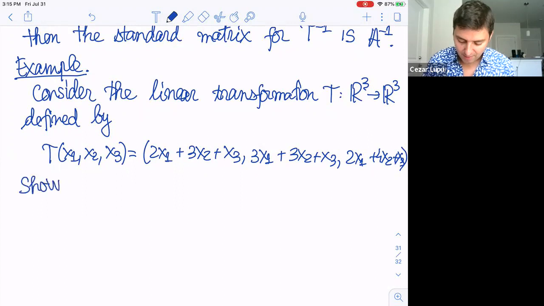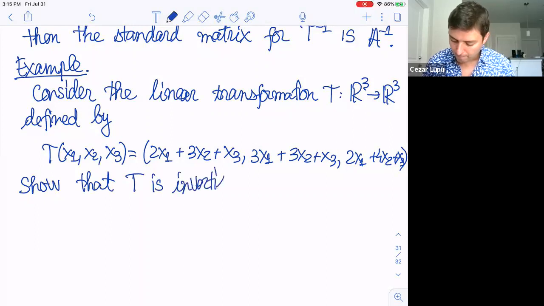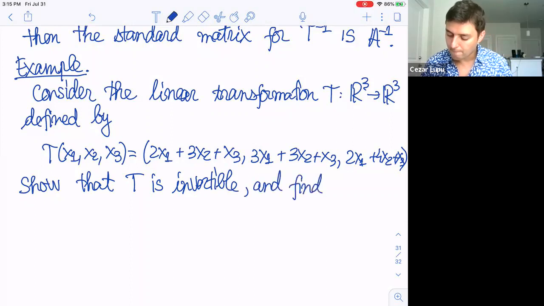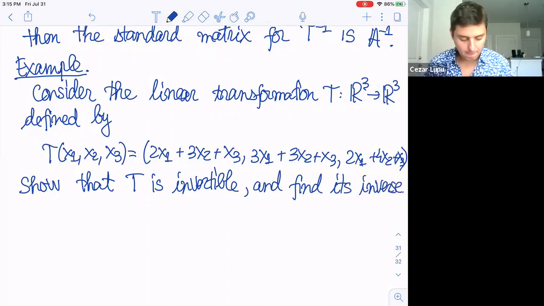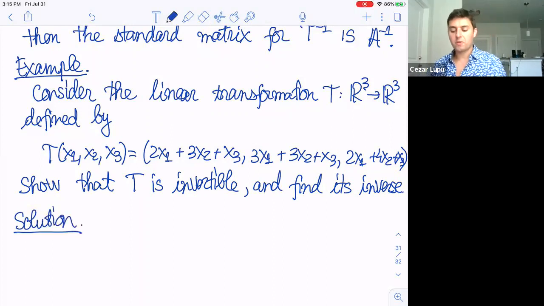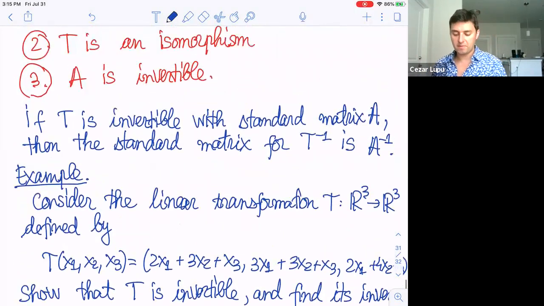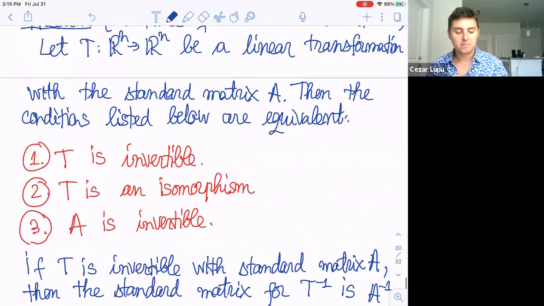Show that T is invertible and find its inverse. So again, we want to use the previous theorem. I want you to look again at the previous theorem. In other words, to show that it's invertible, what do we need to do?